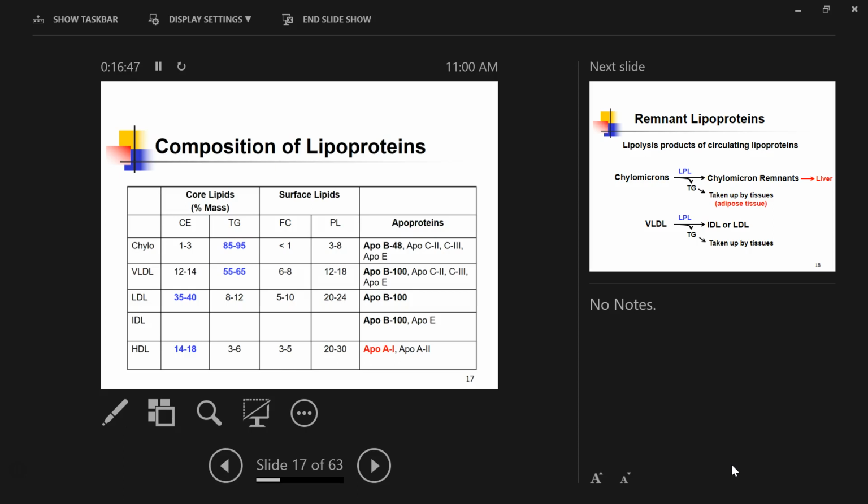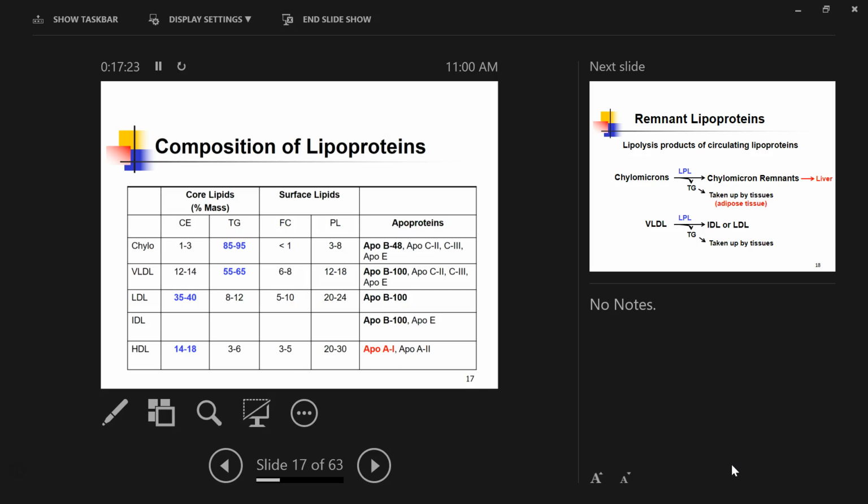So cholesterol ester only accounts for a small percentage in the core lipids of these two lipoproteins. And if you look at LDL and HDL, these two lipoproteins we consider cholesterol-rich lipoproteins. So we have more cholesterol esters in the core lipids, and less triglyceride.